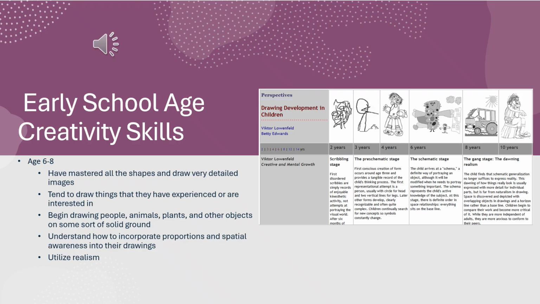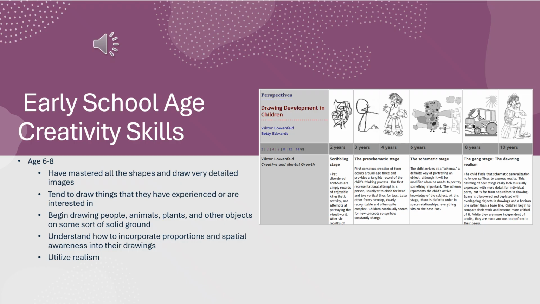It shows you from 2 to 10, and we can see how much sophistication happens and how much children's drawings change, how they go from those scribbles to making simple shapes, to using those simple shapes to create objects and represent people in their environment, and then on to very detailed drawings that look quite adult-like in nature. So from age 6 to 8, children have mastered all the shapes and draw very detailed images.